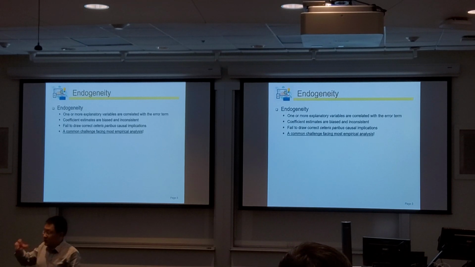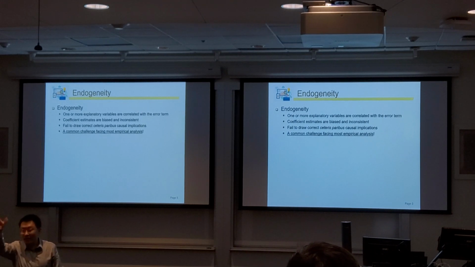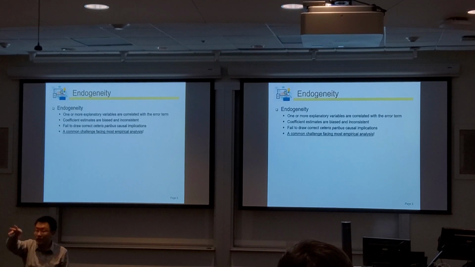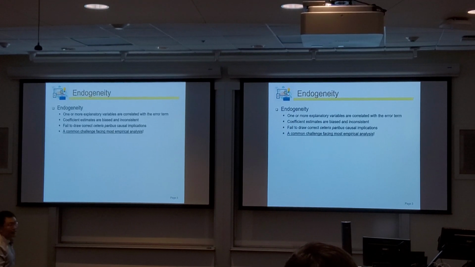Again, the endogeneity issue simply means a particular x variable is correlated with the error term. It's not independent. In other words, the error term is correlated with some x variables. The error term is no longer independent from the x variables. If that's the case, we run into this endogeneity.